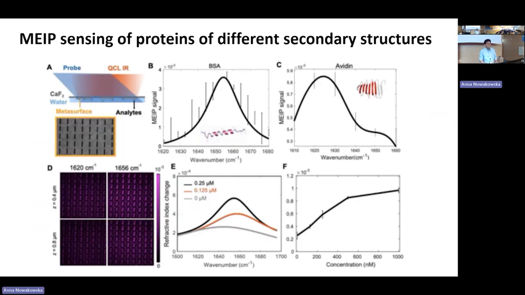You can also do this for proteins. You just control the length to tune to another window. Each window is about 200 wavelength. So in the amide I window, we can differentiate the BSA that is rich in alpha helix and avidin, which is rich in beta sheet.